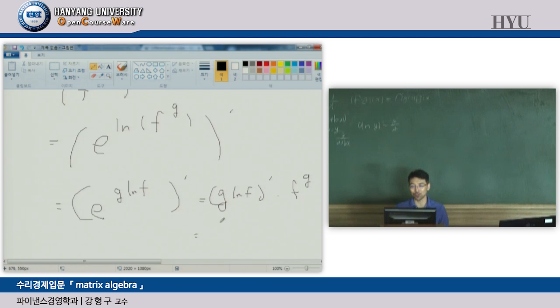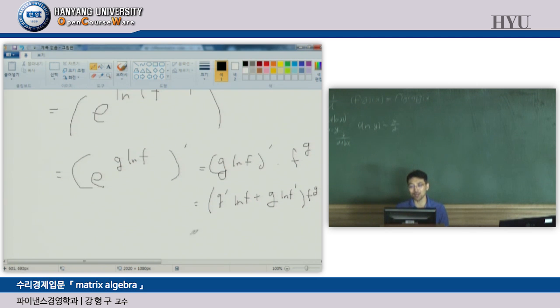It is g prime, so it is g prime ln f plus g ln f prime, times f to the g. And then ln f prime is, of course, f prime over f.